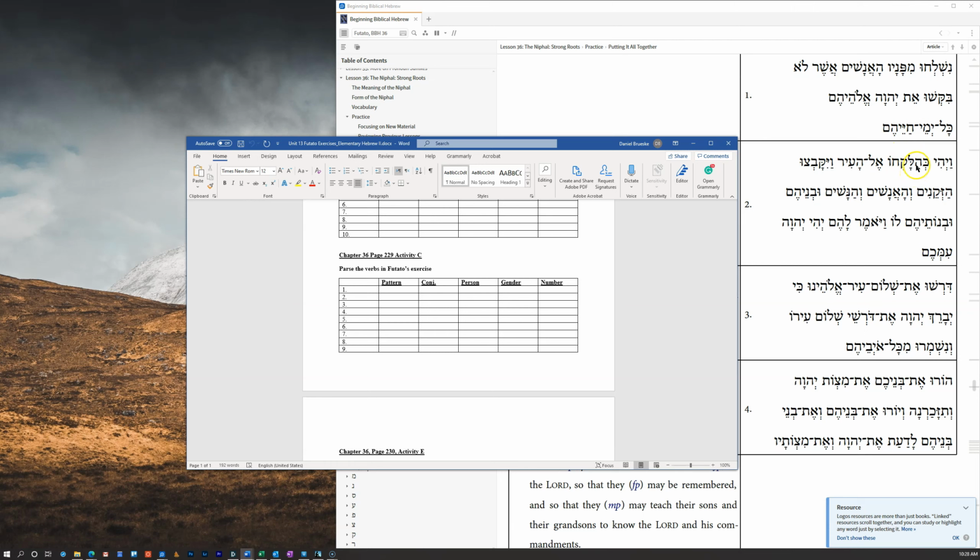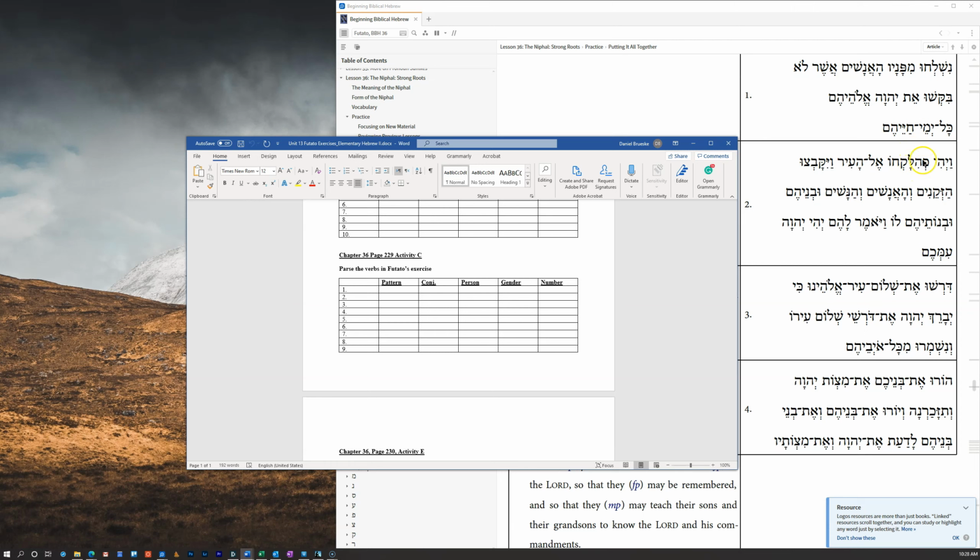Part of the reason for that is because it's in the Niphal, as indicated by the dagesh and kametz in R1, because the noon has to assimilate into R1, and so you're not going to have the noon and the lamed assimilate. So that's why this looks like a strong verb. But this is lakach, and it is Niphal, as indicated by the dagesh and the kametz in R1.